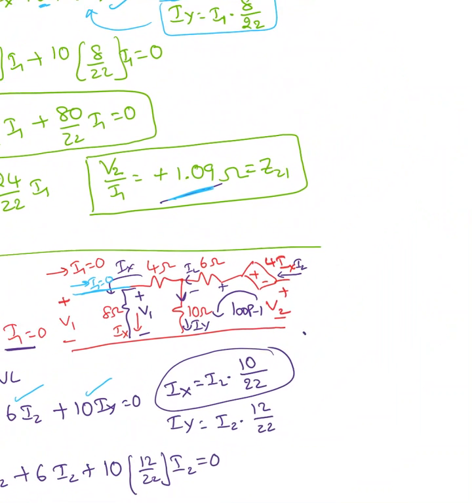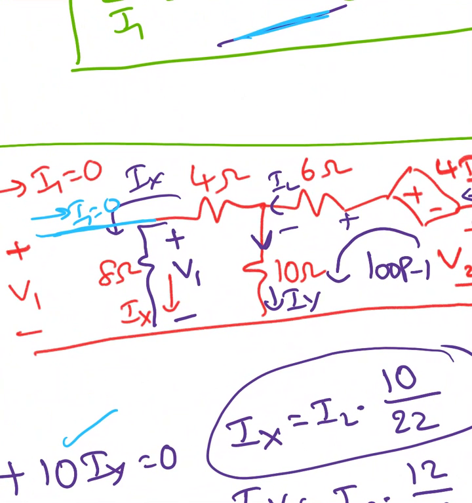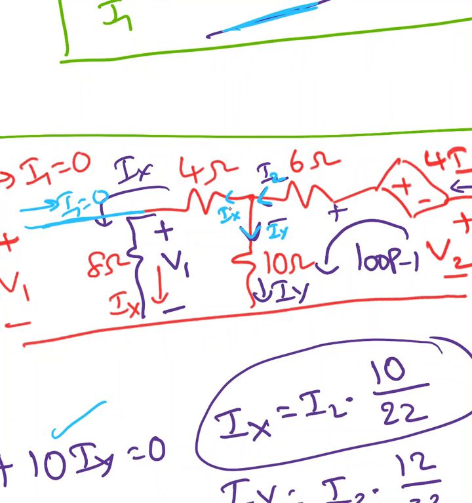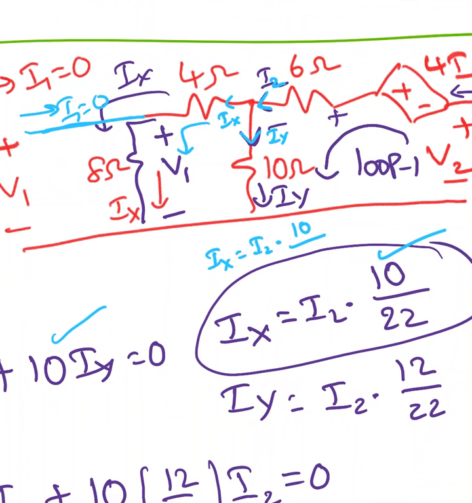So based on the I2 current, let me do the current division rule. I2 is coming from there and Iy is going to go down. Ix is going through this 4 and 8 ohms. Since I1 equal to 0, the same Ix is going to pass through it. So Ix equal to total current I2 multiplied by opposite, which is 10, divided by total resistance 8 plus 4 plus 10, which is 22. That's my Ix. I'm going to do the same thing with Iy.